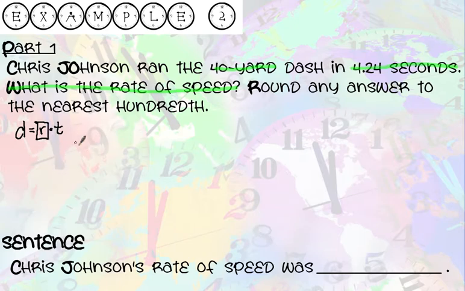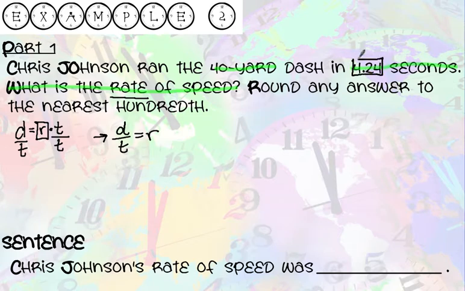So let's see how it would work changing our formula around. In order to get rid of the time, because I want rate by itself, I could divide both sides by time, which tells me that distance divided by time would give me my rate, which is what I'm looking for here.